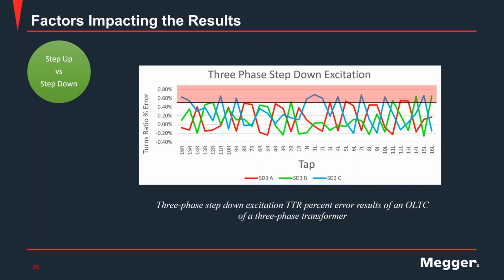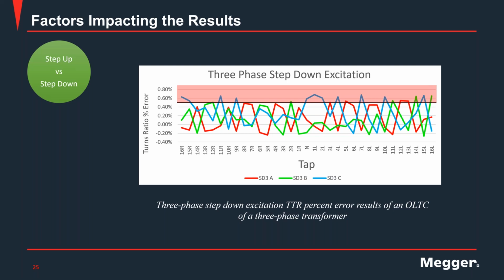Let's look at another example. In this case, we are moving to the next important factor, which is three-phase excitation. You see, when we did step down, many of my C-phase measurements, this is a 33 tap graph with a transformer with a tap changer, if we look at phase C, some of the taps are outside the 0.5% limit.